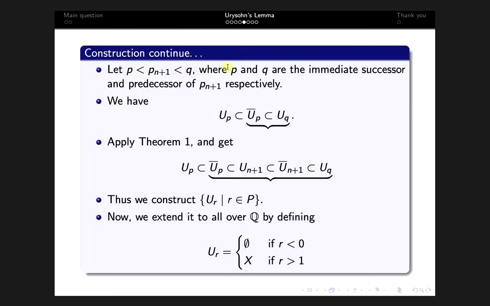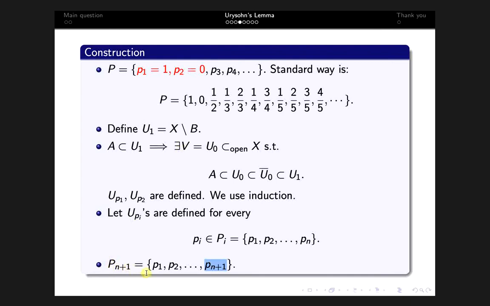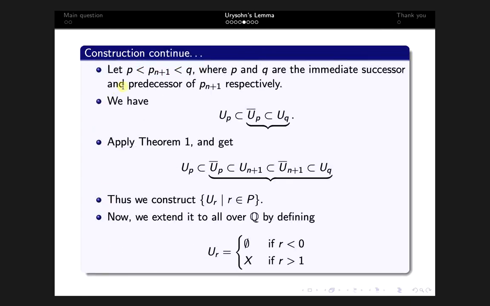Okay, so there are rationals P and Q in this set such that P is less than P(n+1), which is less than Q, and these are the immediate predecessor and successor.